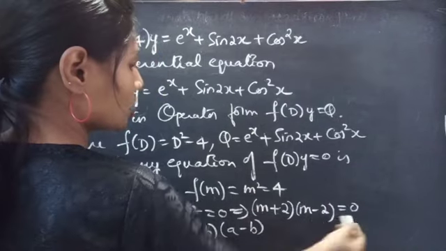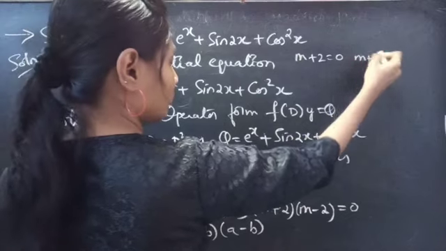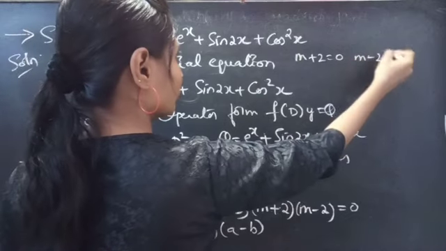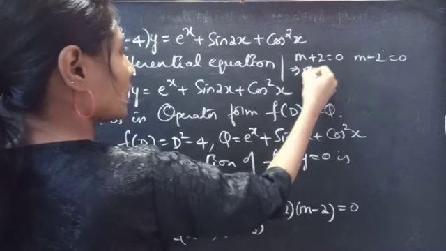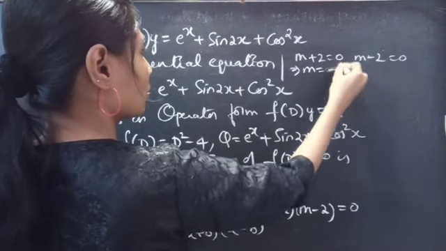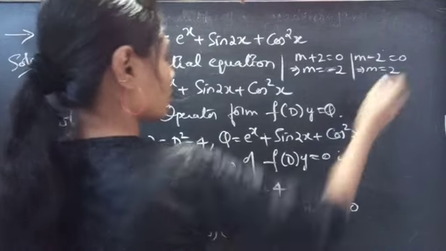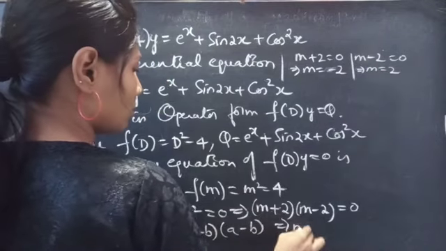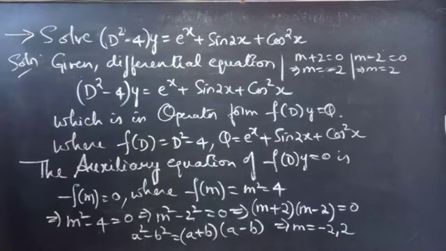Now equate each factor to 0. From m plus 2 equals 0, we'll get m equals minus 2. And from m minus 2 equals 0, we'll get m equals 2. We got roots m equals minus 2 and plus 2, which are real and distinct.